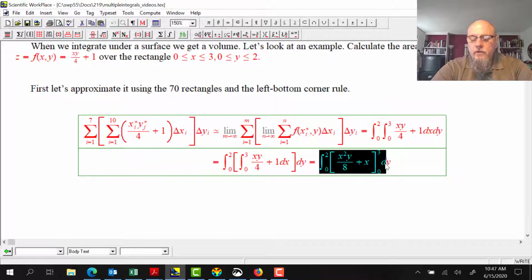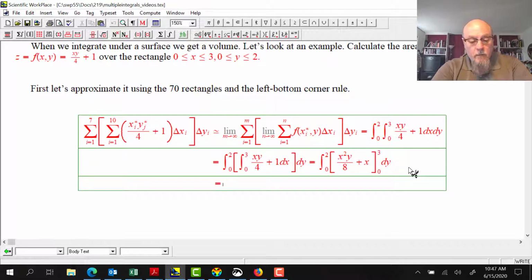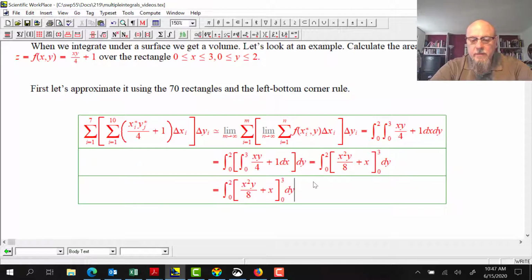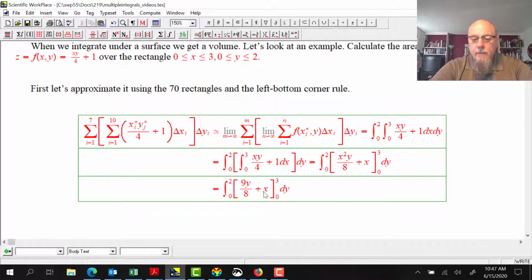This 0 and 3 are x's, so sub in the 3 for x, so that'll be 9 plus 3, minus sub in the 0 for x, so 0.